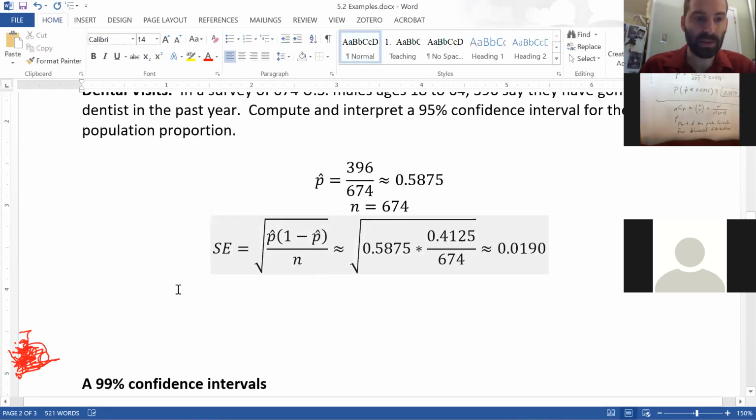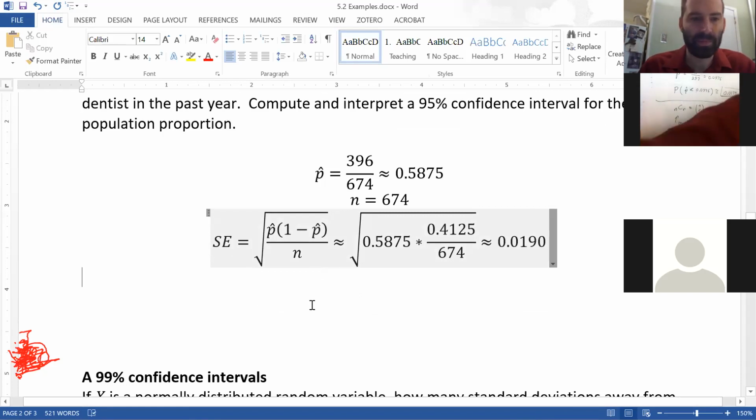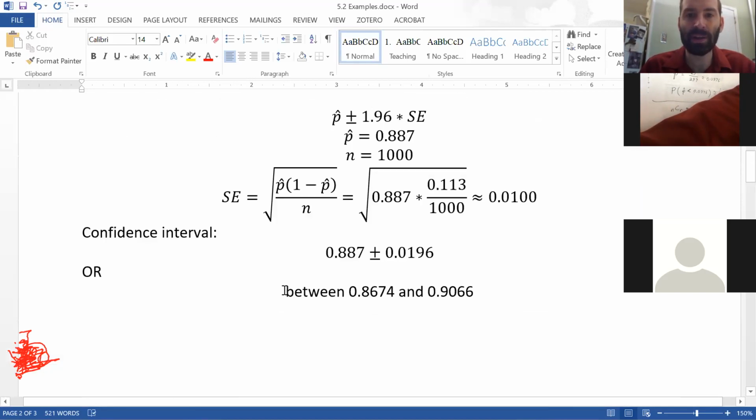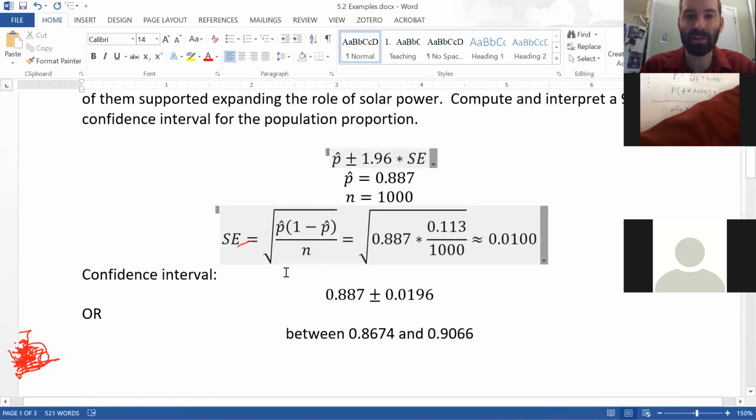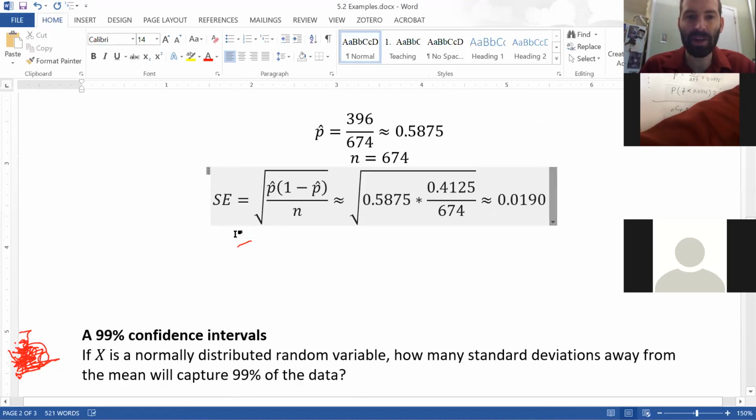Okay, so my confidence interval is, oh wait, I still have to compute 1.96 times that, right? Yeah. So I'm going to multiply that by 0.019.